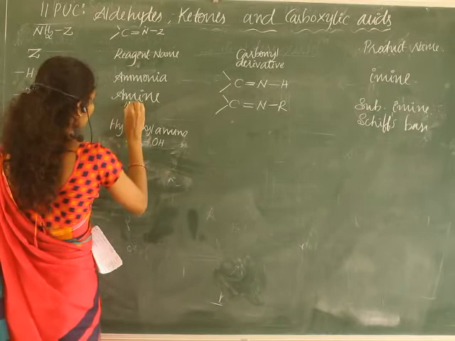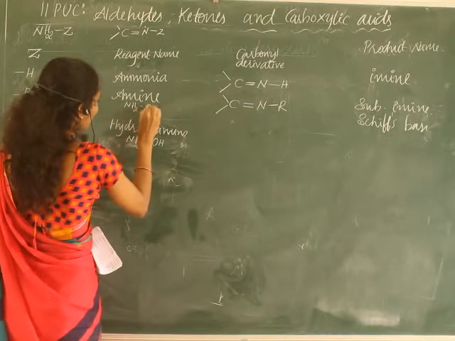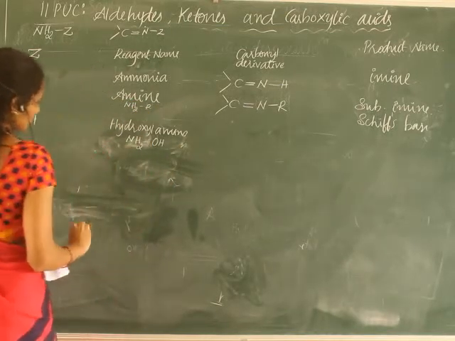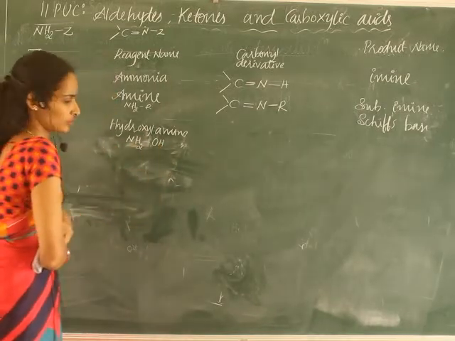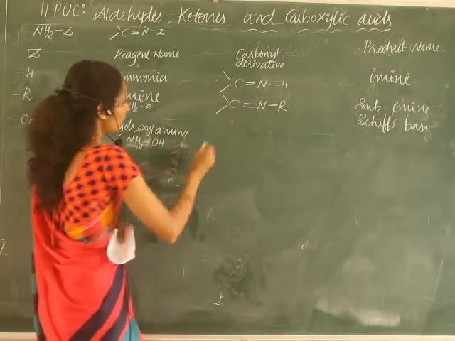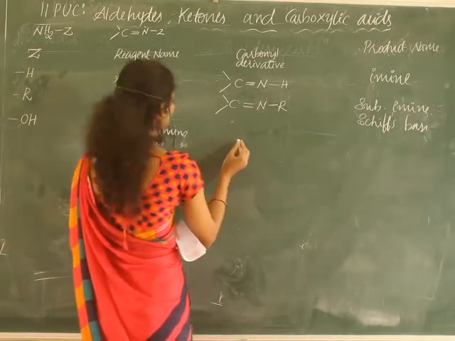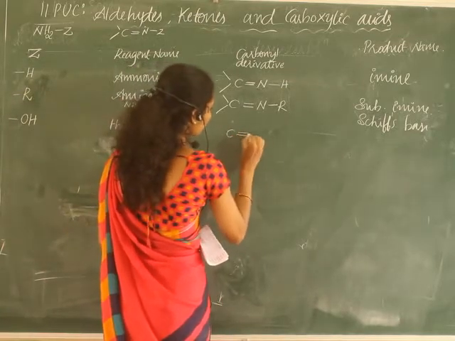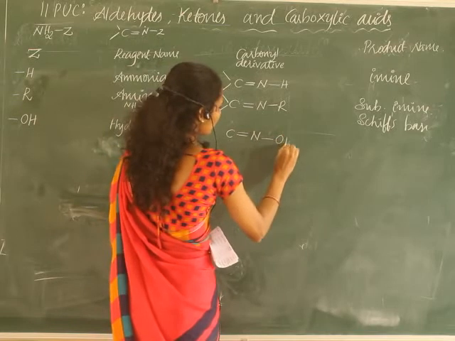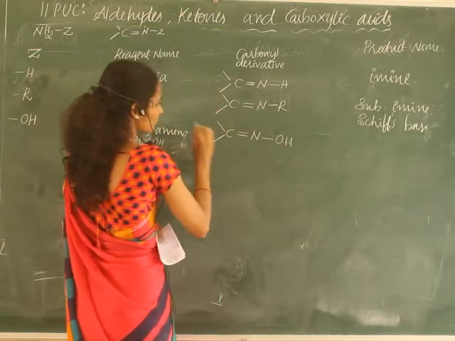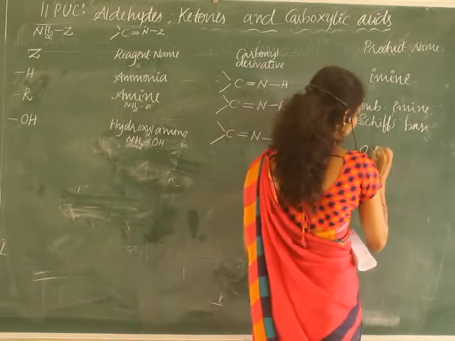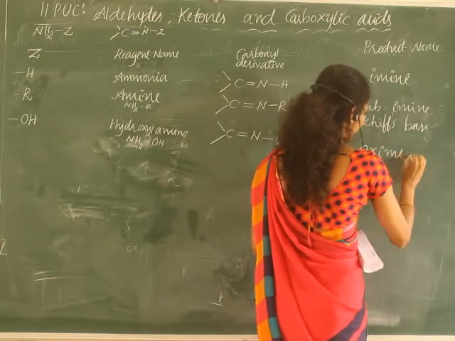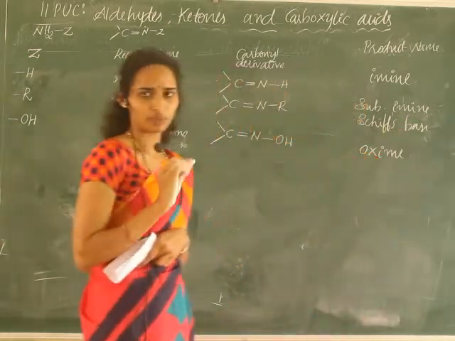Here it is NH2R or RNH2 amine. Hydroxylamine, hydroxyl group attached. And carbonyl derivative is C double bond N OH, Z is OH, and name of the product is oxime. Be careful, important topic it is.